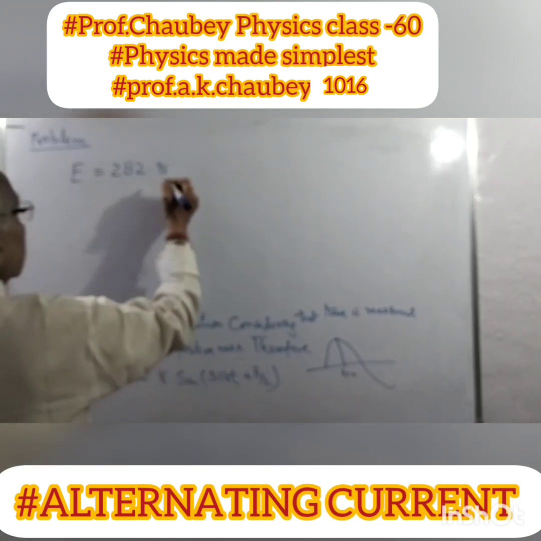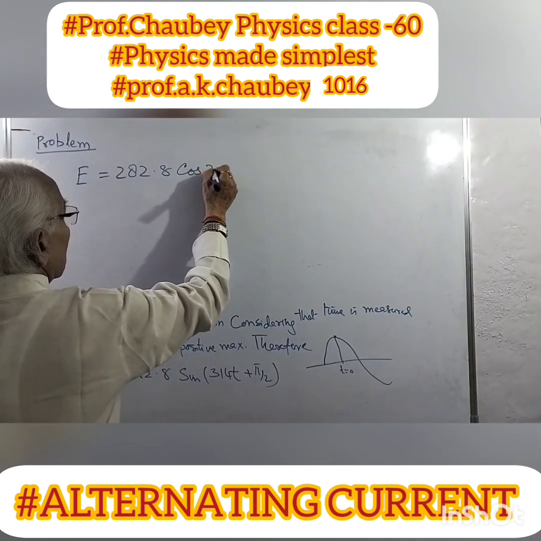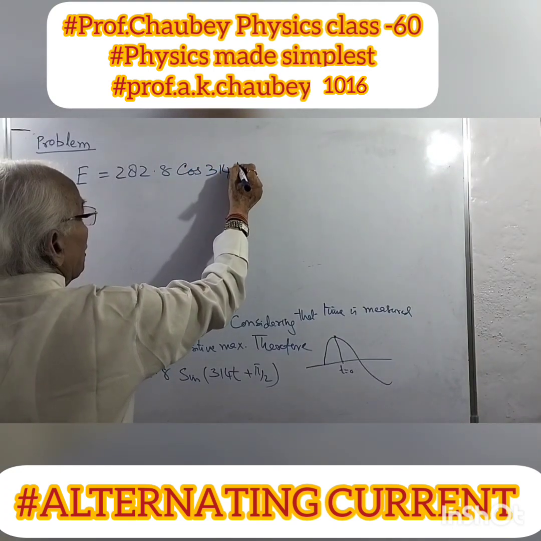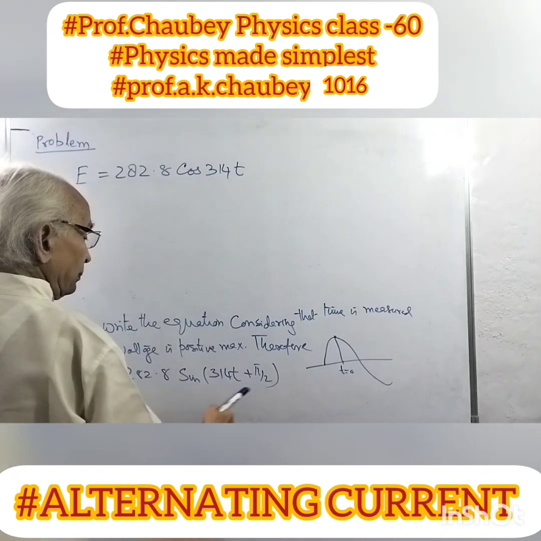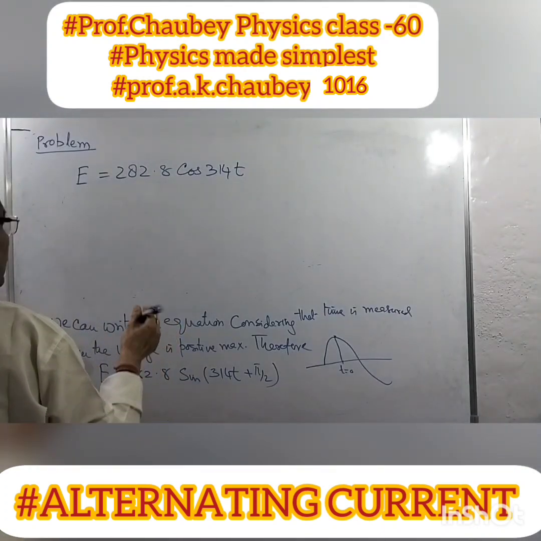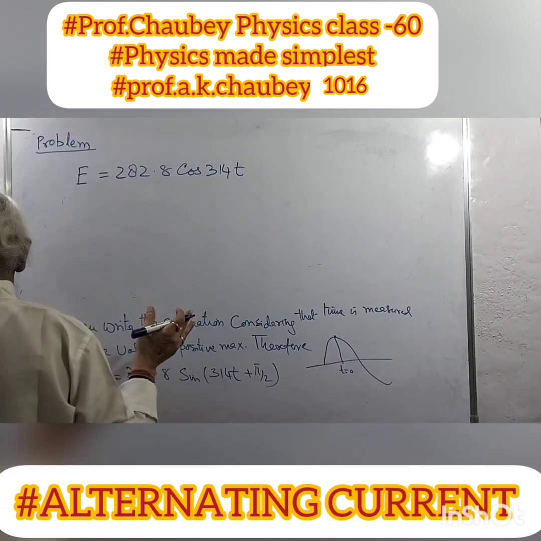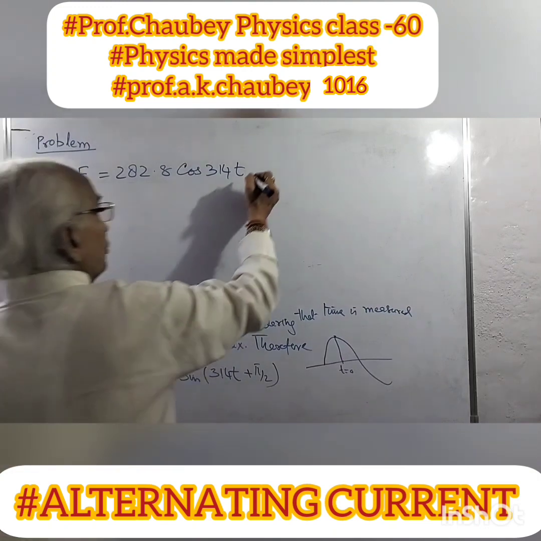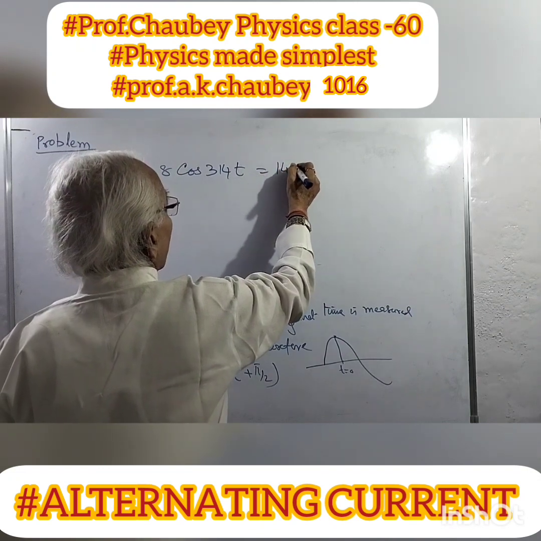So E is 282.8 cos 314t, since sin of 90 plus theta is cos theta. But the voltage is given as 141.4.